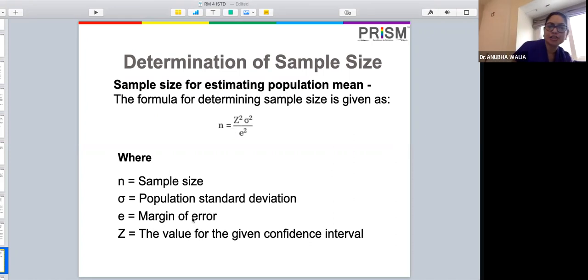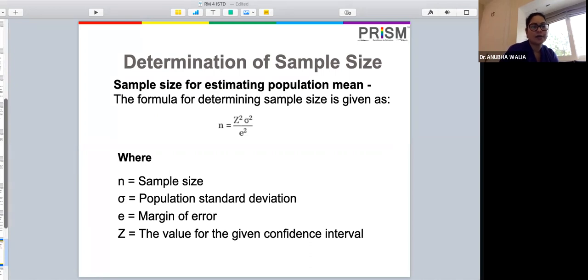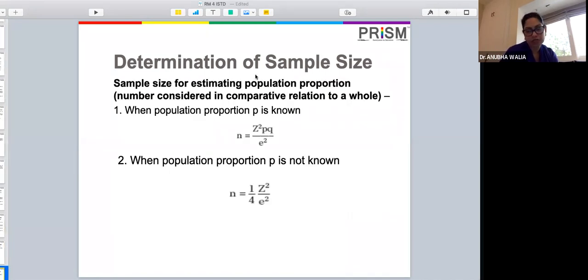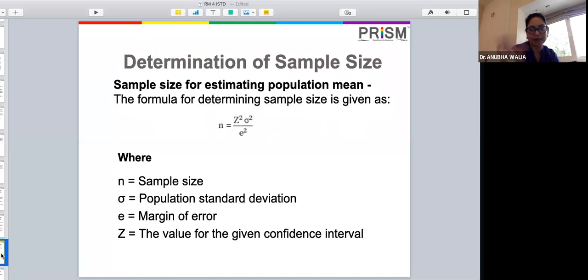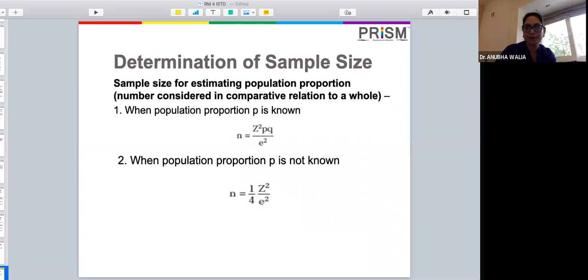As I mentioned, the sample size is denoted by small n, the population standard deviation by sigma, the margin of error by E, and the confidence level by Z. You will have these slides with you, so you should know the formulas well and be able to determine what the sample size should be.